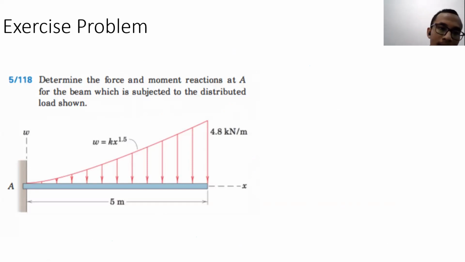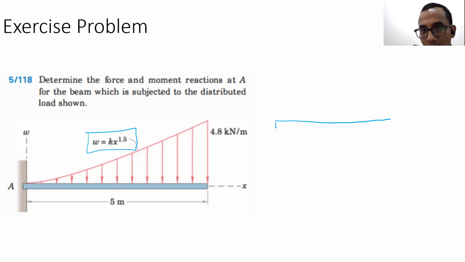It follows a certain equation: w is equal to k x to the power of 1.5. What I want you to do is help me find the value of R and the value of X bar.